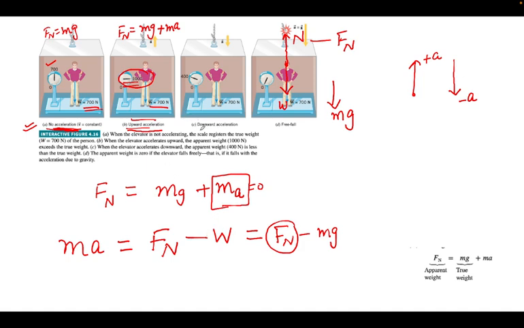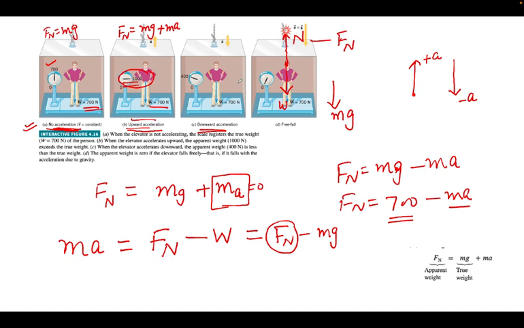The third case is when the elevator is moving in the downward direction. In that case Fn will be equal to mg minus ma. mg is 700 and Fn has a value less than the weight of that body.